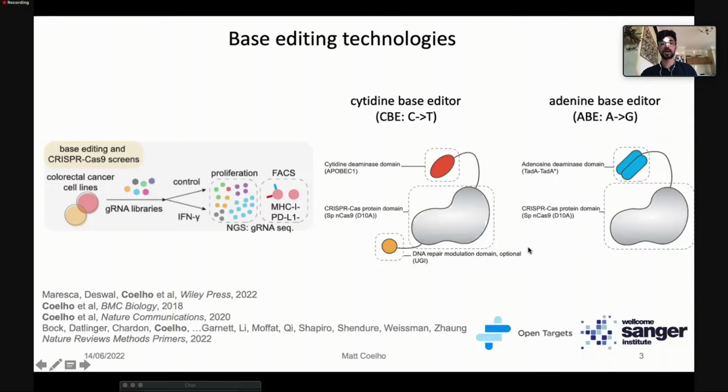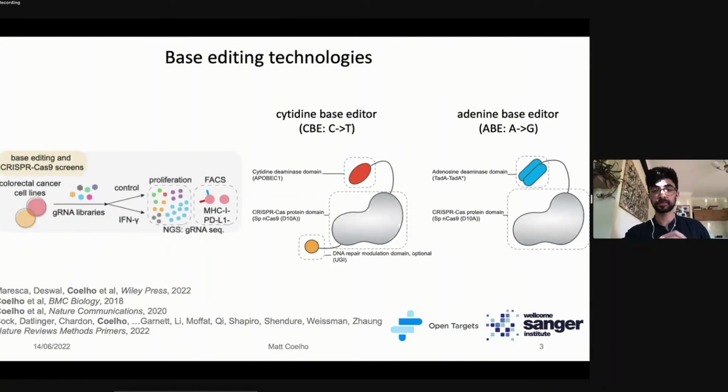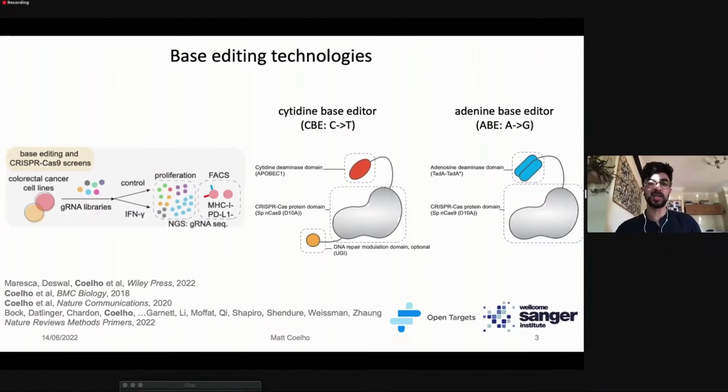And we're using Cas9 variants with reduced PAM specificity, so the NGN variants, to get more variants throughout the genes. And for example, this is our experimental setup. So essentially we select with interferon gamma in the dish, and then we have proliferation or FACS readouts based on response to this cytokine.